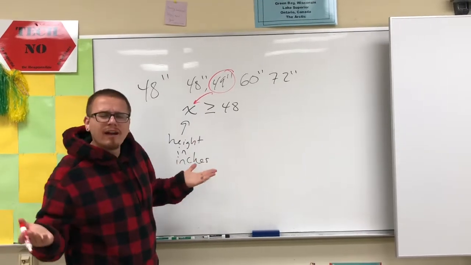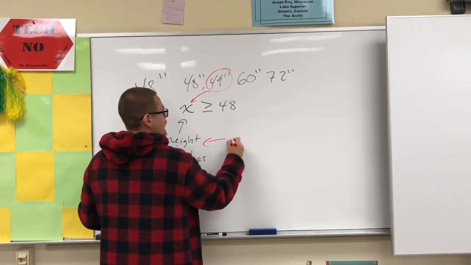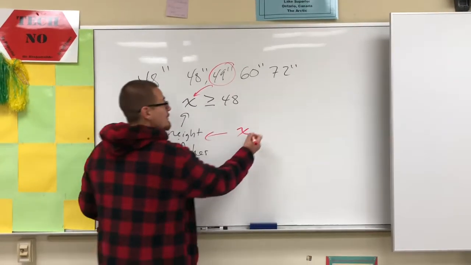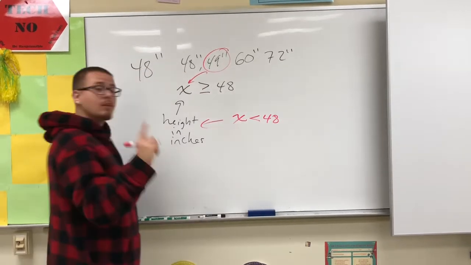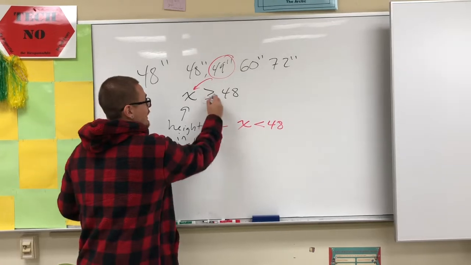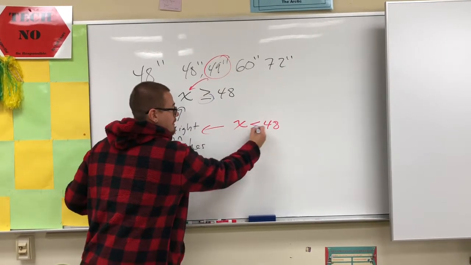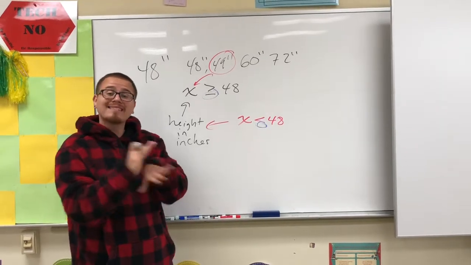What if you want to go on the kiddie ride, you're a little small fry, and we say the same thing, x, but x this time is less than 48. Notice the difference here. I don't have this line underneath. There is no line there. That does not mean equal, so it has to be less than 48.